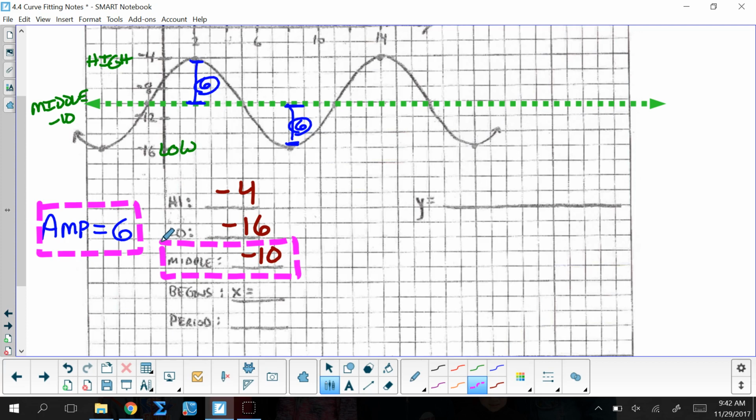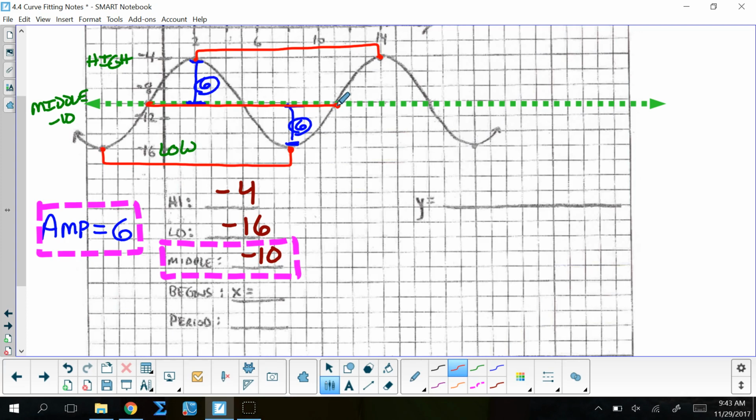Okay. Let's go with figuring out our period first. Okay. So my period is the amount of distance it takes me to get back to the same position anywhere on the curve. So those are 3 examples there of where I could find the period.